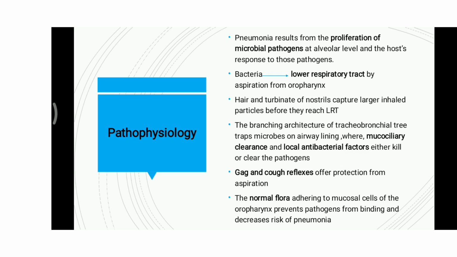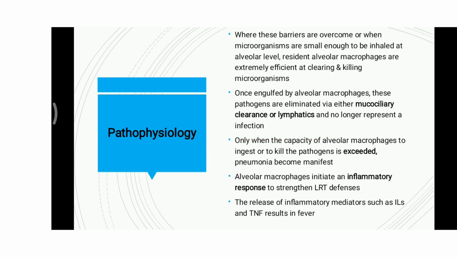When these barriers are overcome, or when microorganisms are small enough to be inhaled to the alveolar level, resident alveolar macrophages come into the picture. These resident alveolar macrophages are extremely efficient at clearing as well as killing these pathogens.